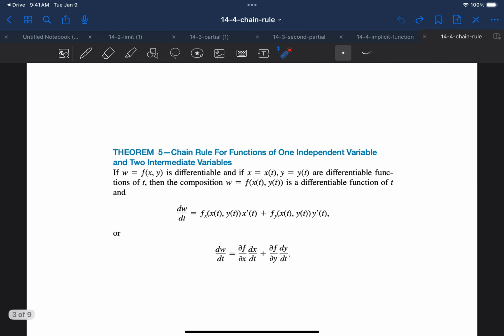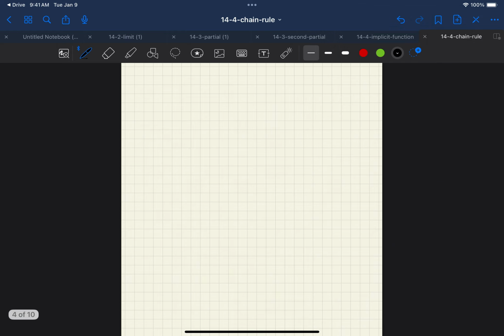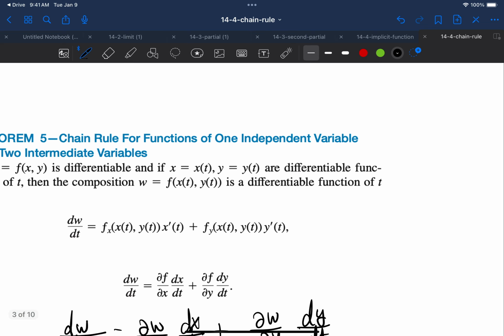Then we can rewrite this as follows: dw/dt, and we replace f by w, so dw/dx dx/dt plus dw/dy dy/dt. So another way we can rewrite this one is as follows.